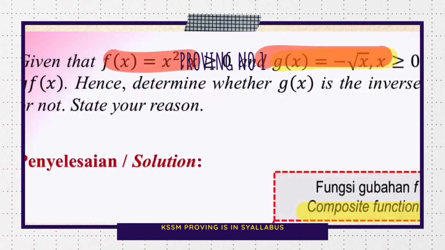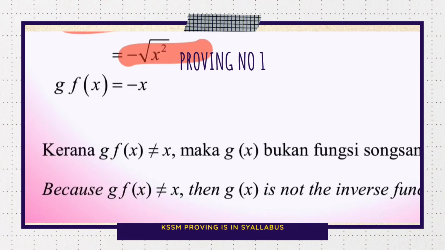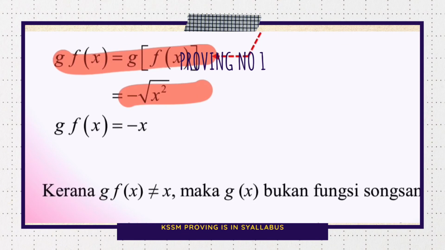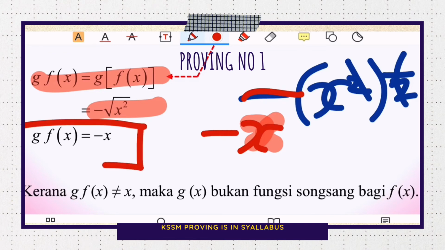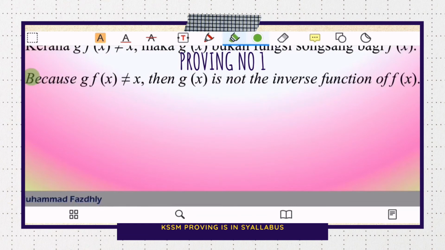So the object now is f(x), and the function is g. So negative is there, we will get negative x, right? So the gf(x) is given answer negative x. Because gf(x) not equal to x, right? So g(x) is not the inverse of the f(x).